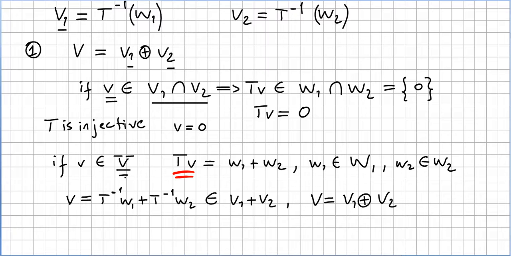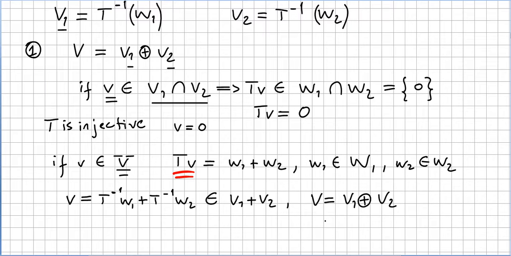V1 is the inverse transform of W1 and V2 is the inverse transform of W2, so v will be the inverse transform of w1 plus the inverse transform of w2, which is in V1 plus V2.